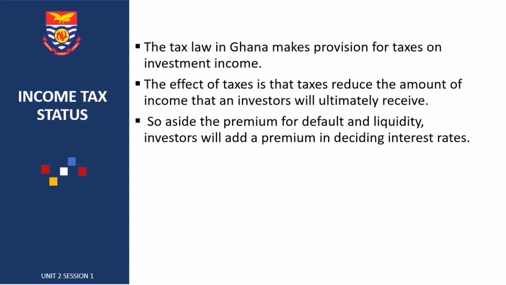And we are saying here that because investors have to pay income tax or investment tax, they also consider all these things before they decide on how much the interest rate should be.